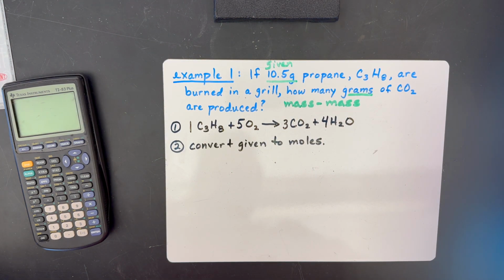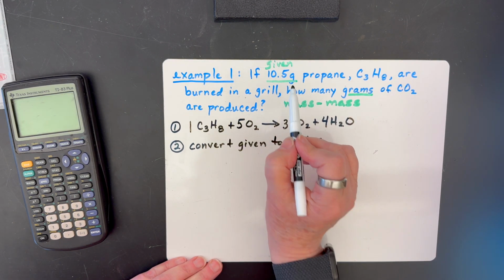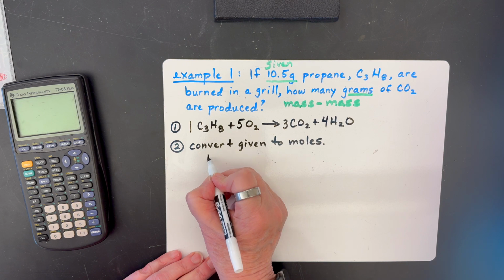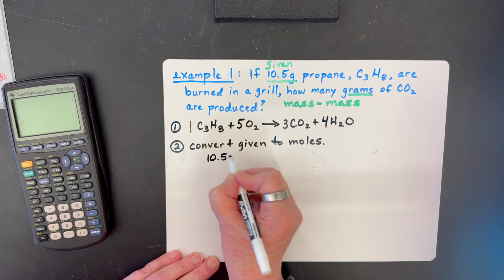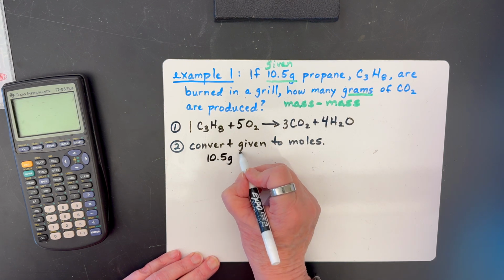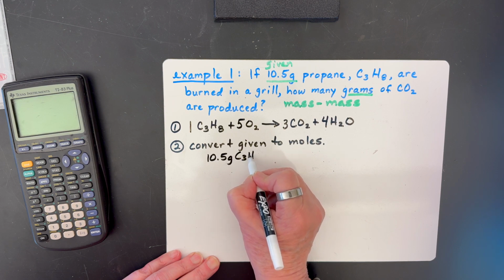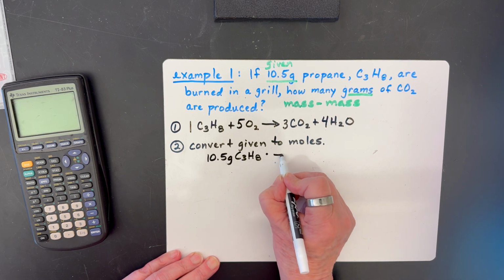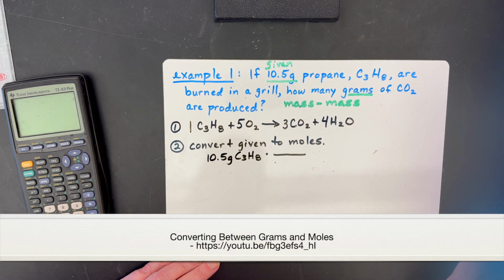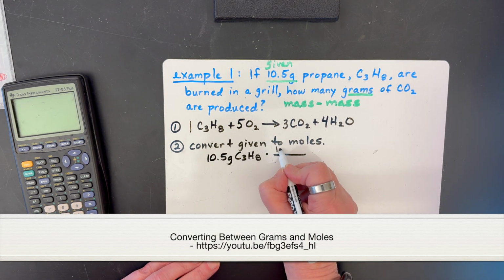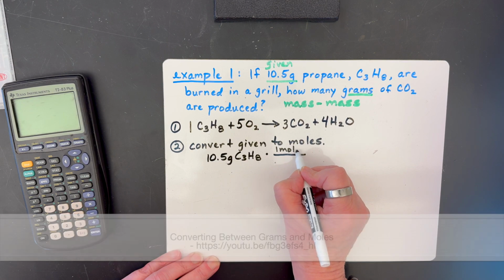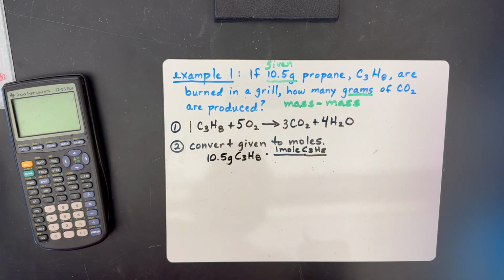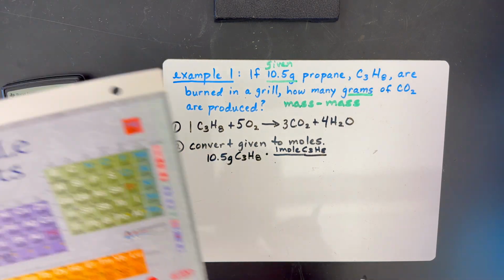In our next step, we need to convert our given, which was 10.5 grams, into moles. So we have 10.5 grams of C3H8, and we need a conversion factor to change this into moles. 1 mole of propane will have a mass we have to calculate from the periodic table.